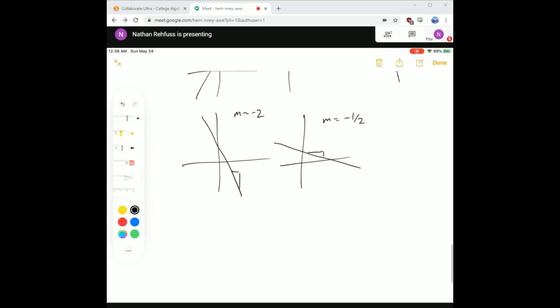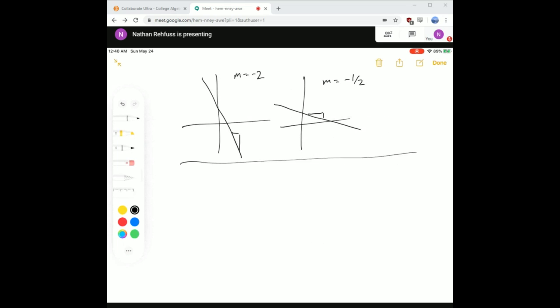So I could ask questions about slope like, what is the slope of the line that passes through these 2 points, (3, 4) and (5, 1)?